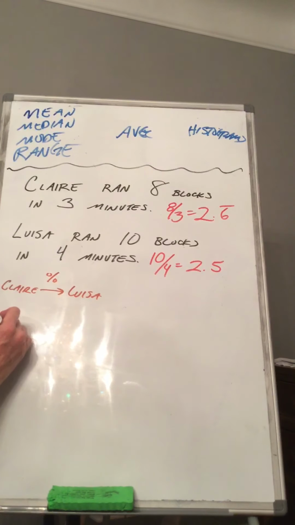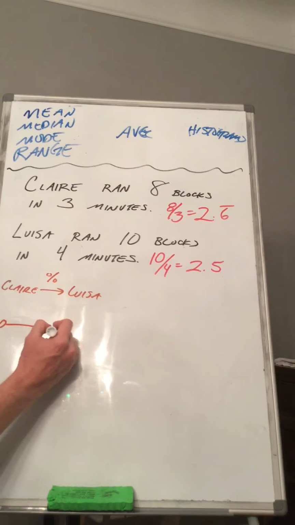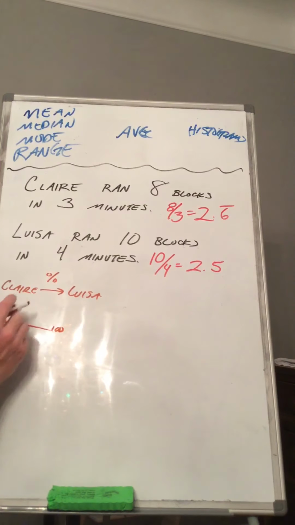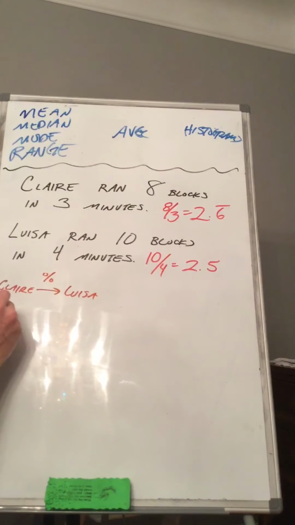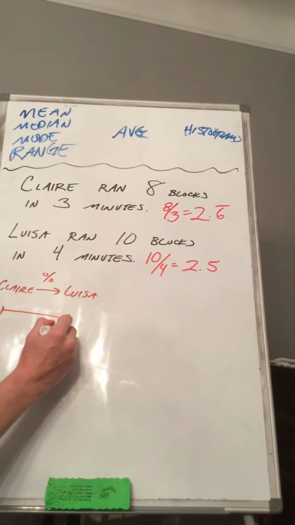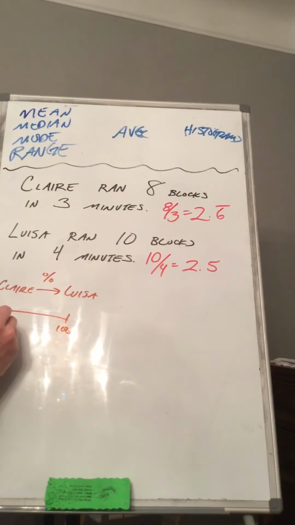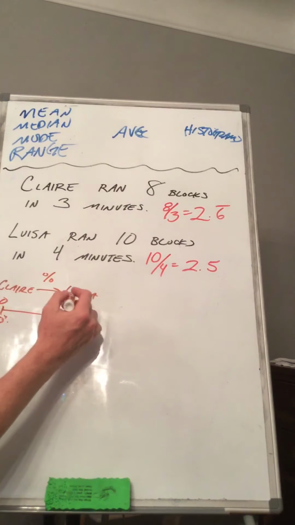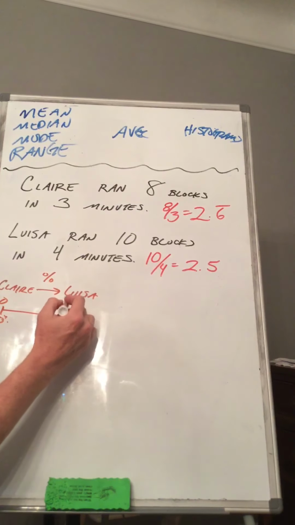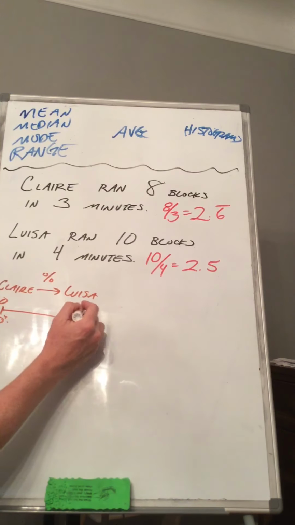We said, okay, remember 0, 100, and then we had these are our percents. This was 0, and Claire at 100%, she was able to run 2 2/3.